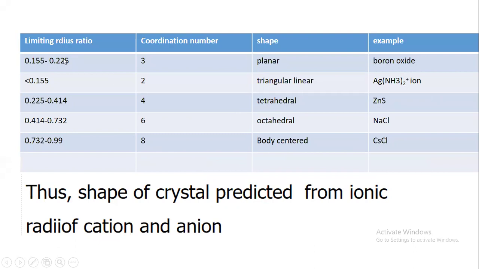The limiting radius ratio 0.155 to 0.225 gives coordination number 3, planar, example boron oxide.